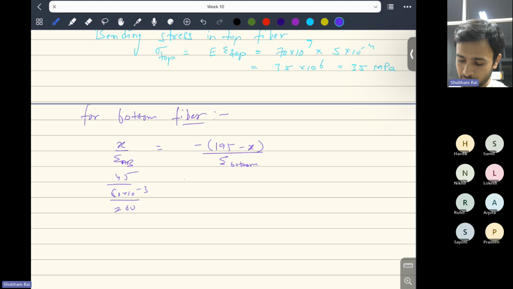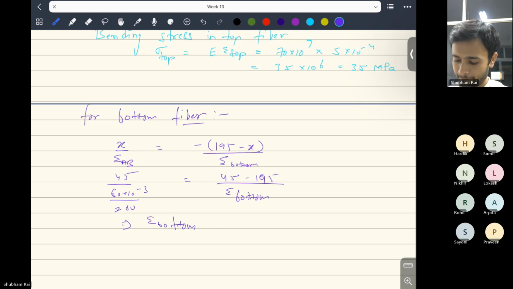So 45 over epsilon AB equals 45 minus 195 divided by epsilon bottom. If you solve for epsilon bottom, 45 minus 195 is 150, divided by 45 and multiplied by 1 by 2 into 10 to the minus 3.